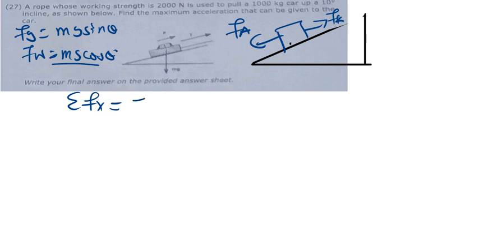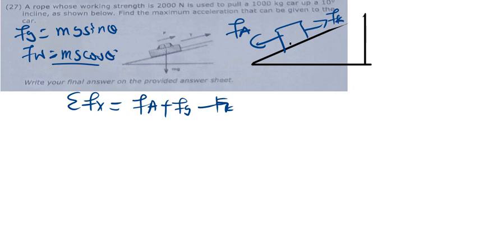Okay, so I've put Fa. Then should I put plus or minus? Plus Fg. Since the applied force is going in the same direction as Fg, I need to say plus Fg, then minus the friction force, like that.